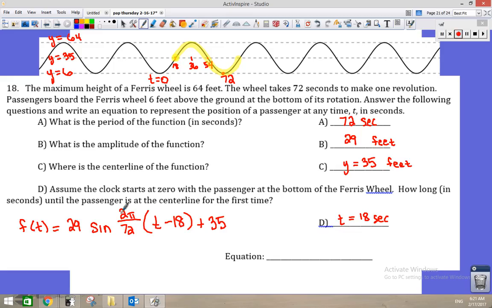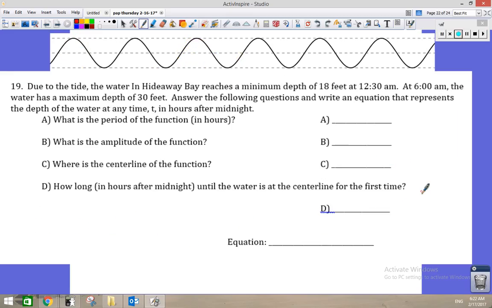The only thing that we can do here is reduce this fraction to pi over 36. So let's do that. Alright, so there is my equation for this problem. Hope that helps.